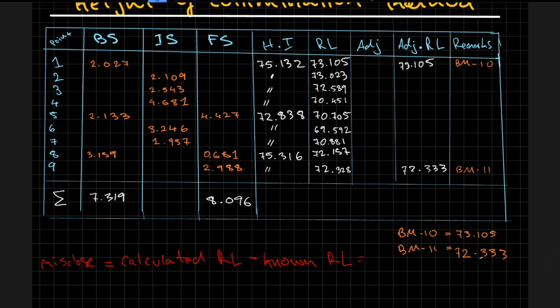We put 72.328 minus 72.333, and we get a misclose of negative 0.005.